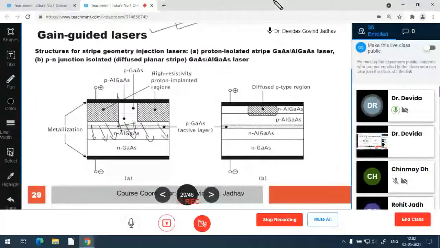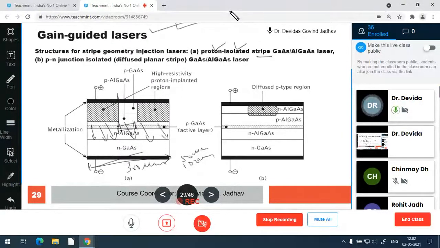That is not favorable because this device may have a dimension of, suppose, 100 or 200 or 300 micrometers, but the diameter of the fiber is very small, 50 micrometers or 10 micrometers or maybe 100 micrometers. So the beam is also made very pencil like by putting a limitation on the conducting charge carriers. So the first is the proton isolated strip.